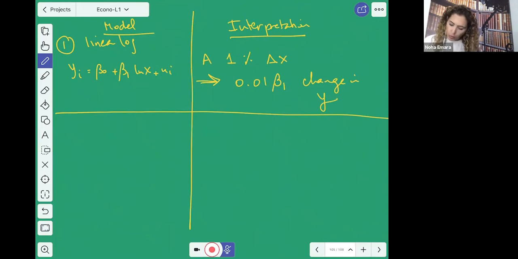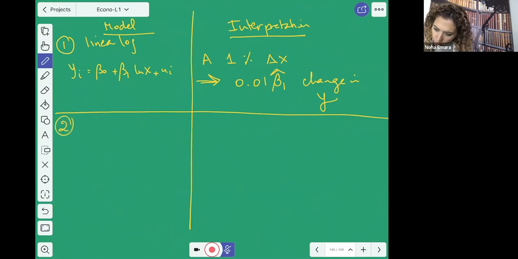So you have to take your coefficient, and if it is 1%, 1 over 100, if it is 5%, then 5 over 100, and you multiply it times the estimated beta, right, to get the change in y.